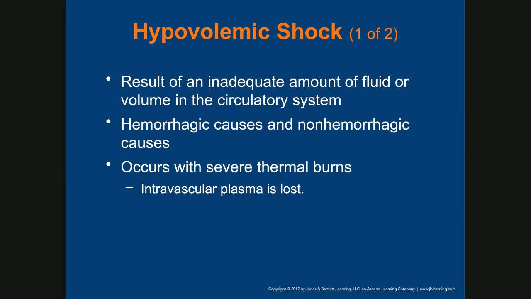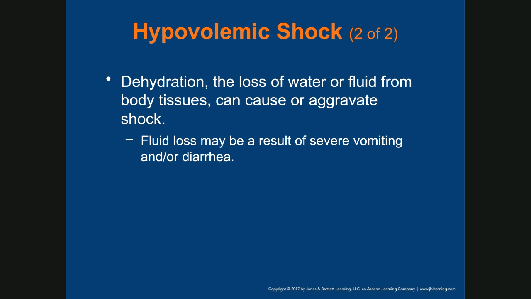We will get intravascular plasma loss, so the plasma is lost. With excessive diarrhea and vomiting, it's also the plasma that is lost. Dehydration, the loss of water or fluid from the body tissues, can cause or aggravate shock, and that will occur with severe vomiting and or diarrhea, right?